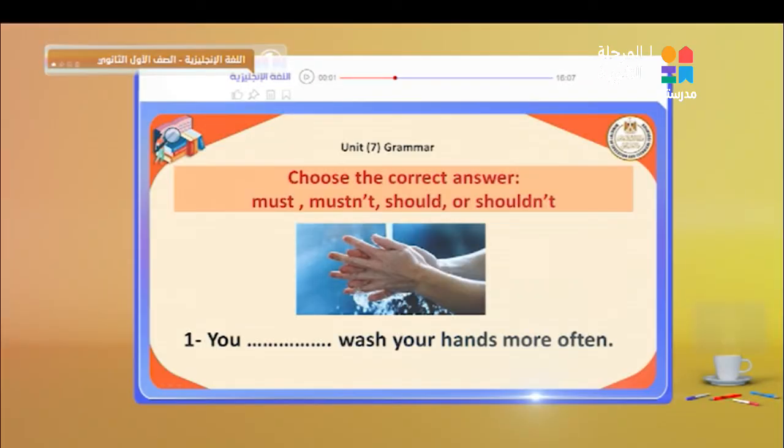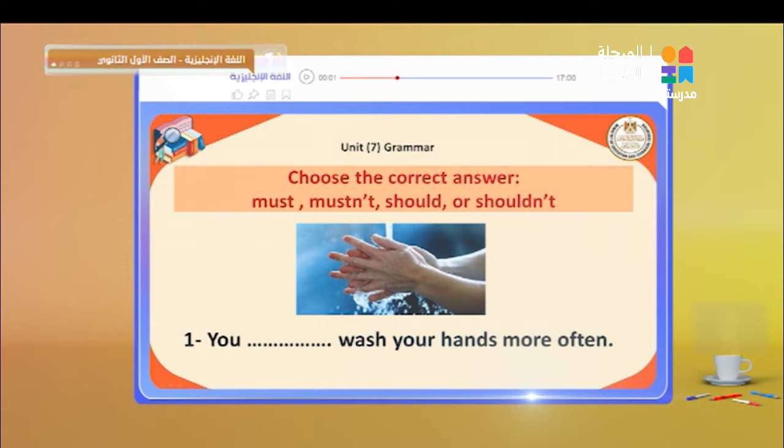Now let's have a very easy quiz. Look at the picture and tell me which word you will use. Will you use must, mustn't, should, or shouldn't? Here in the picture we have someone washing his hands. So we can say you wash your hands. Which word is suitable? Must, mustn't, should, or shouldn't?